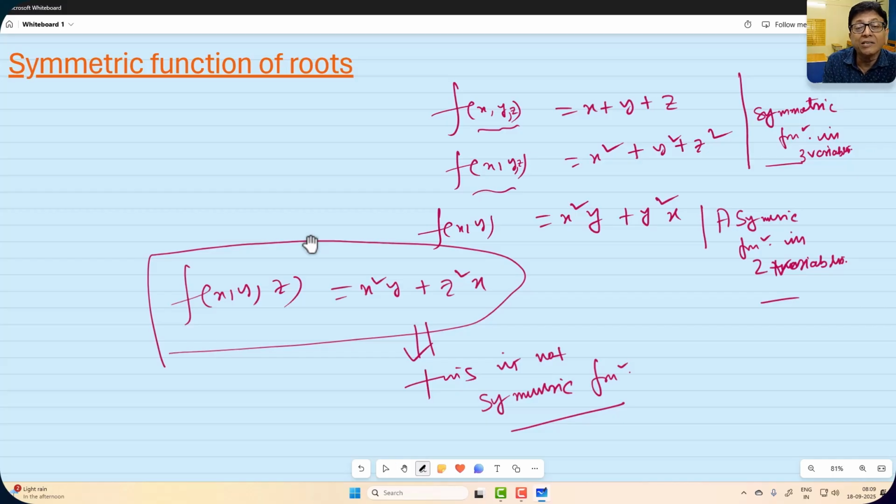If you interchange x and z, you will get the function in the form z square y plus x square into z. So this expression will not match with x square y plus z square x. That's why this is not a symmetric function in x, y, z.